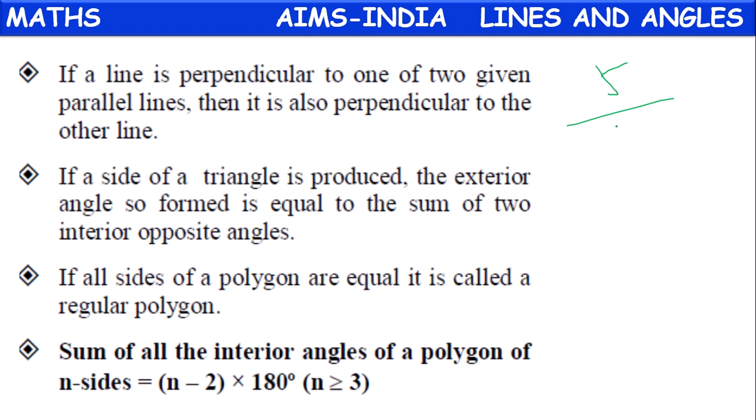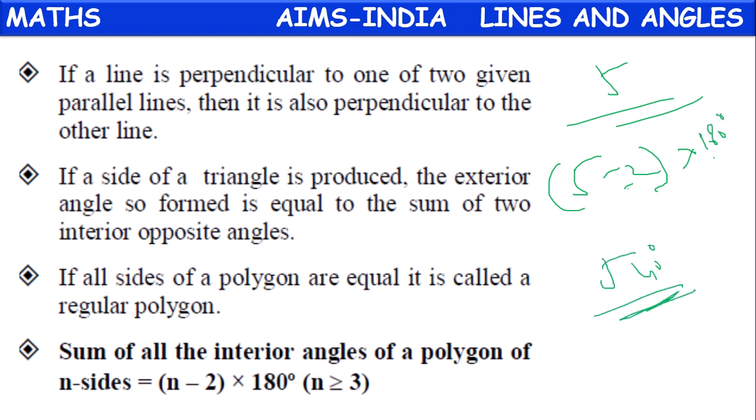Next, pentagon, having 5 sides: 5 minus 2 into 180. 5 minus 2 is 3, 3 into 180 is 540.